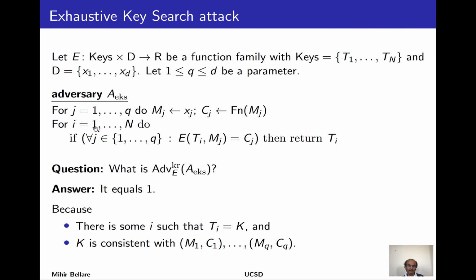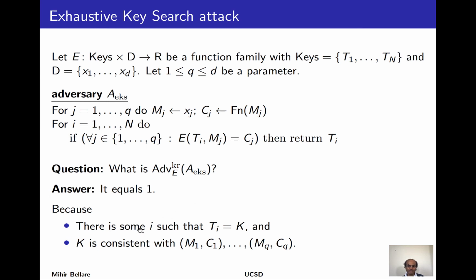At some point, the adversary will hit that ith position. When it does so, we claim that these tests will all be true. Well, of course, because these, through this procedure, are created so that C sub j is E under the target key of M sub j. When T sub i is the target key, you have a tautology. Of course, they're the same thing. So at that point, of course, this will trigger to be true.